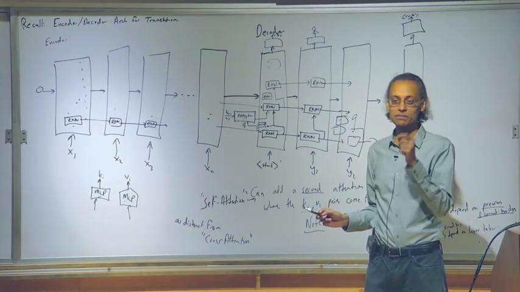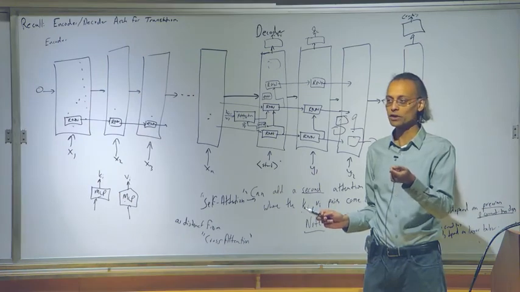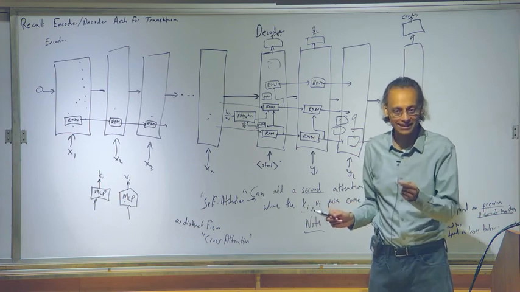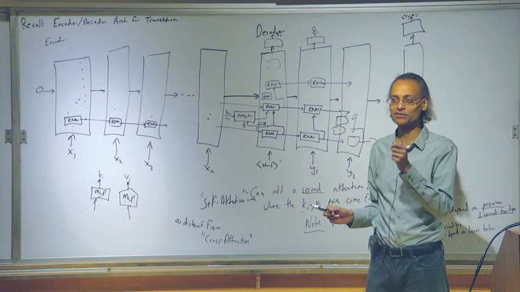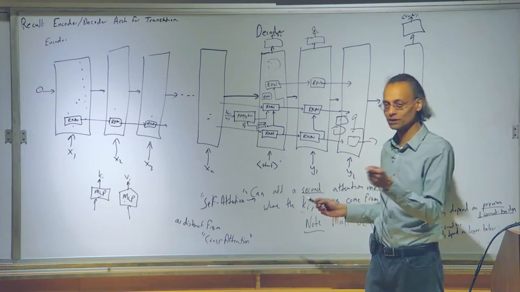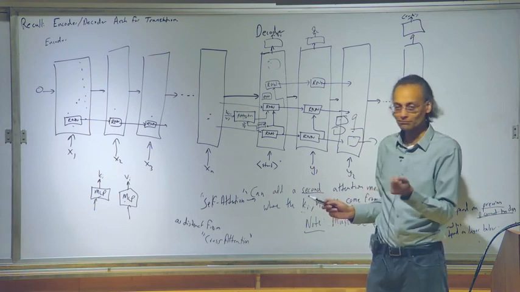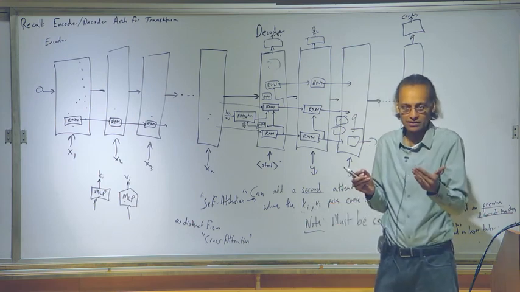And time might be important because order might matter. You might want to know, for example, in the decoder, what was the last thing I said? What was the immediately previous thing? So you want a query that would let you get the immediately previous thing. But that means we have to know what time it is now and what time it was then.